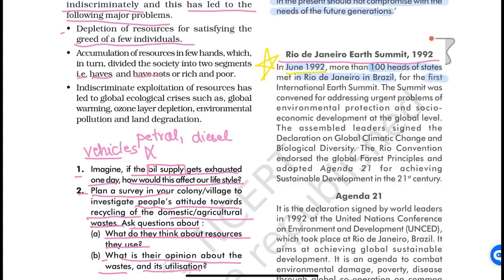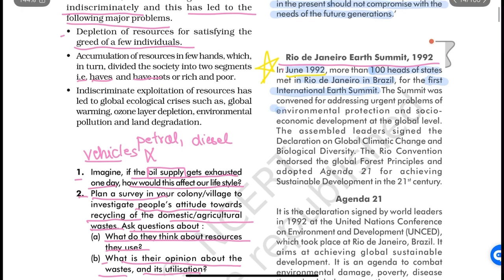It was the first International Earth Summit. Okay, and their objectives, reasons for the summit: environmental protection, socio-economic development at global level. Rio Convention endorsed the Global Forest Principles and adopted Agenda 21. This is an important point, Agenda 21, for achieving sustainable development in 21st century. Okay.